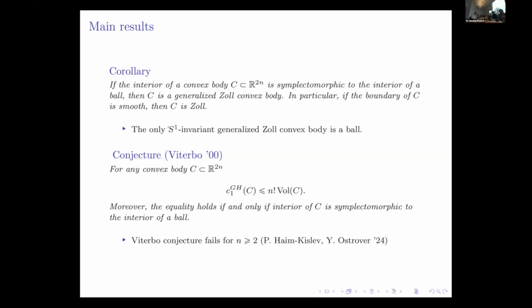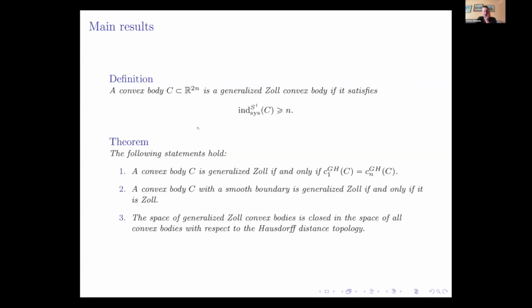Do you have an example where the index is strictly greater than n? No, I think this would be very exotic, because for instance, I don't know whether it holds, but if the index is, for instance, n+1, then the cohomological dimension of the space of systoles would be greater than the cohomological dimension of the boundary, which would be weird.